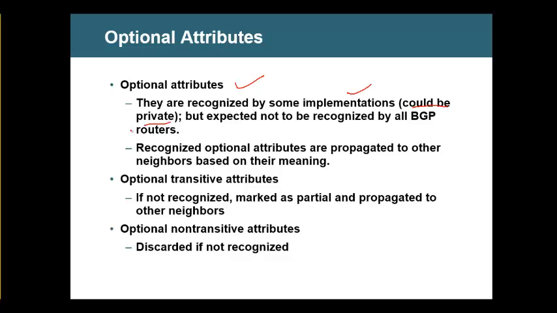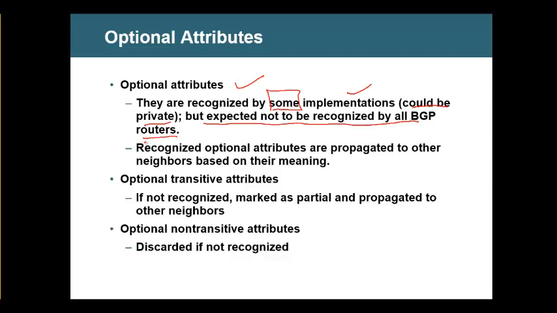It is not an attribute that is popular. It could be private because it is not recognized by every router, only some, but expected not to be recognized by all BGP routers.